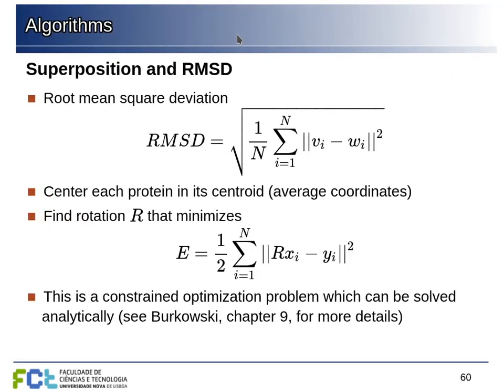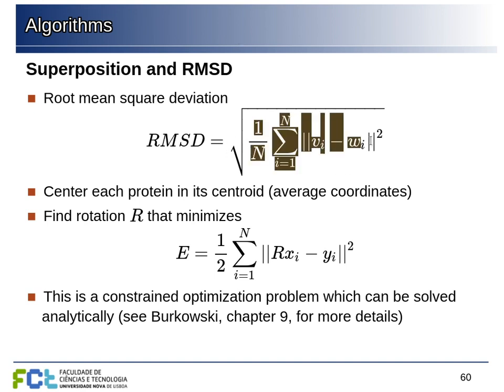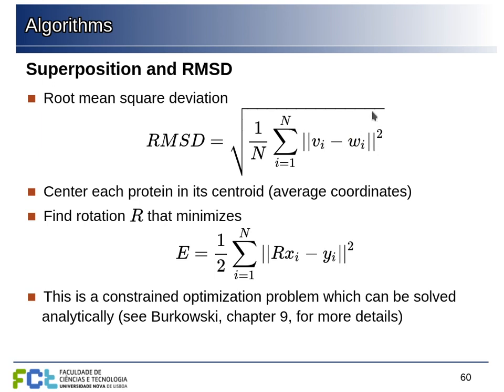So let's see first this part of superposition that we saw for computing the root mean square deviation. Basically, we can compute this RMSD for any relative position of the two proteins, because we have the coordinates of the atoms for protein V and for protein W. And if we can match corresponding atoms between the two, we can compute this for any relative position of them.